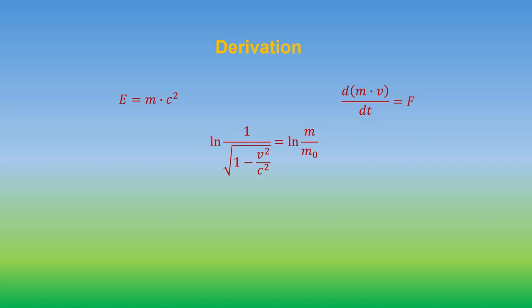The logarithm can be removed by taking the exponential on both sides. 1 over the square root of 1 minus v squared over c squared equals m over m0.